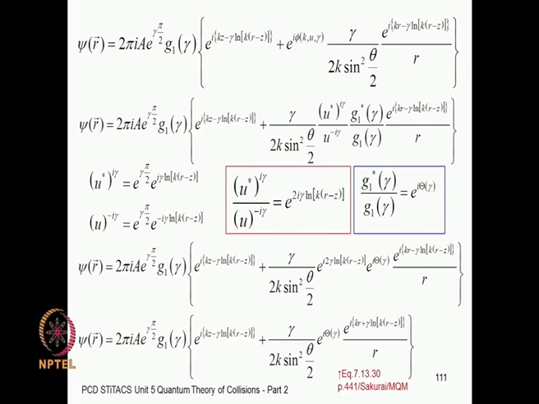So, we have got the solution written in a form which looks like an incoming wave and a spherically outgoing wave, with the difference that the incoming wave has got a phase here which is r dependent, and the outgoing wave also has got a phase which is r dependent.